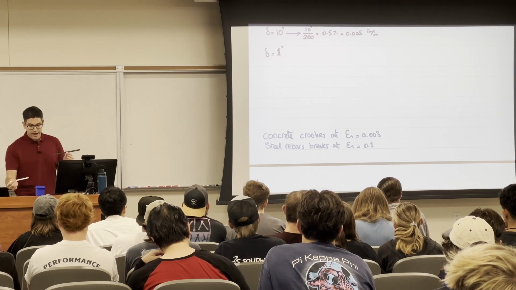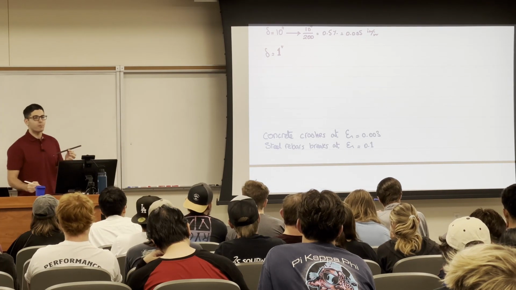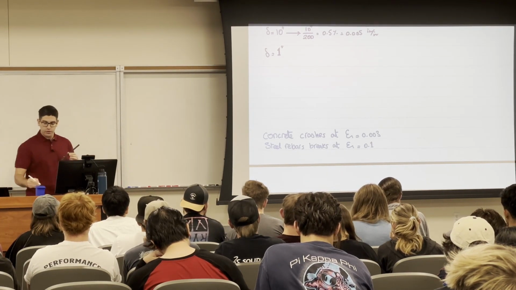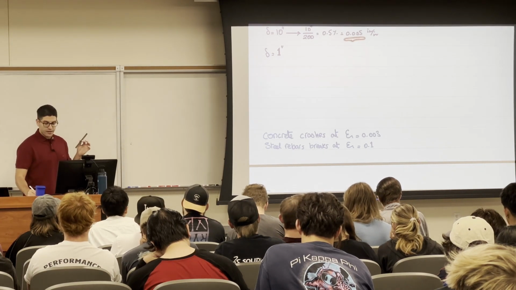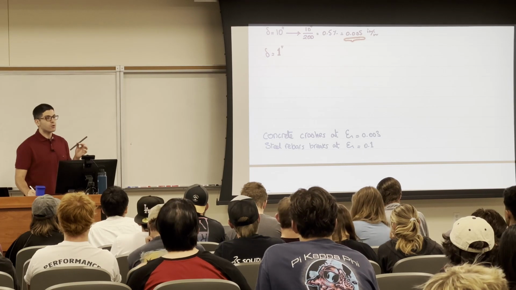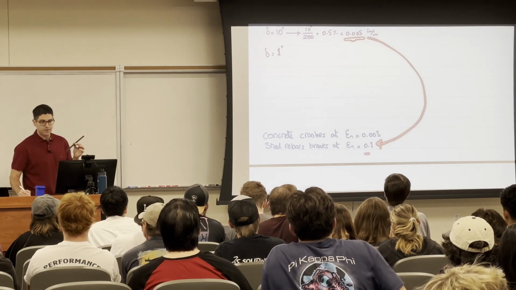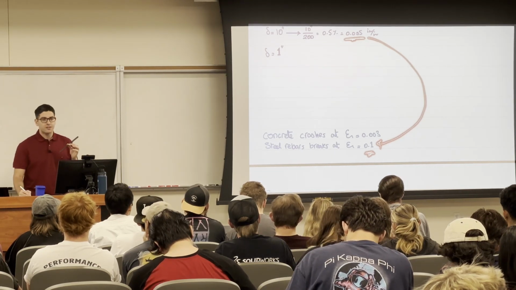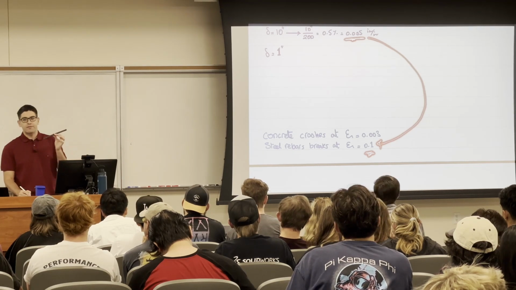So if you have a 0.1 strain, that's when your material is going to break, and you don't want that to happen. So in the first case, every unit length is going to elongate by 0.005. Is that safe or unsafe compared to the 0.1 here? It is safe, right? Because 0.1 here tells you if the unit length elongated by 0.1, that's a red flag.